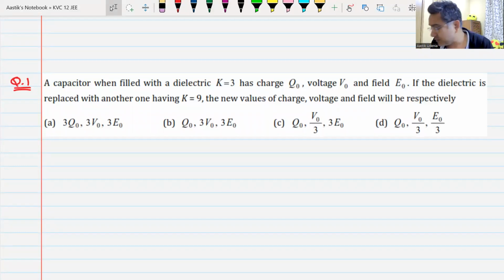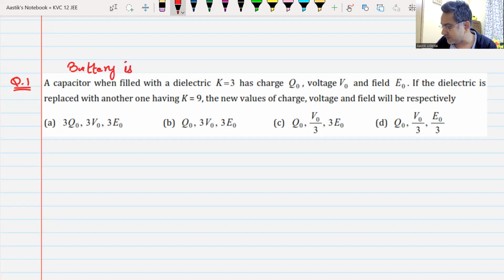So how are we supposed to do this? As nothing has been mentioned here, I will assume that the battery is disconnected. I'll solve this question assuming that the battery is removed. Once the battery is disconnected, the charge Q will remain same.